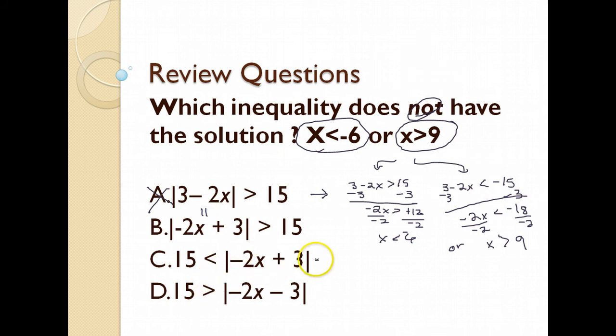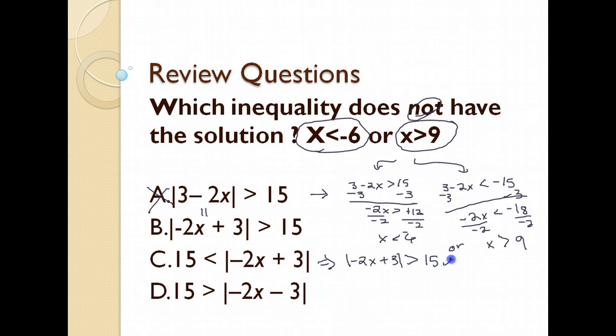Okay? On this one, if you rewrite this as negative 2x plus 3 is greater than, since 15 is less than that, that means that it is greater than 15.